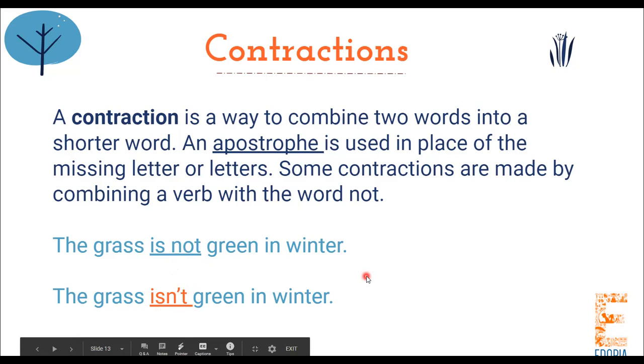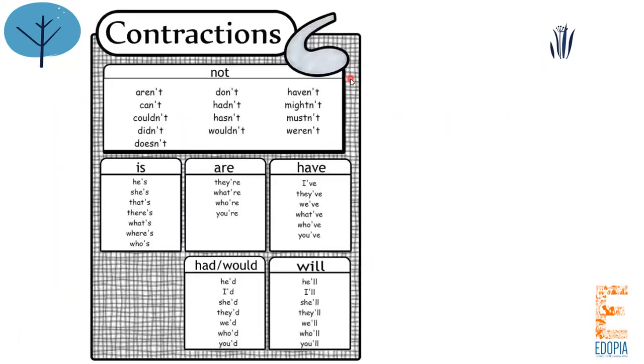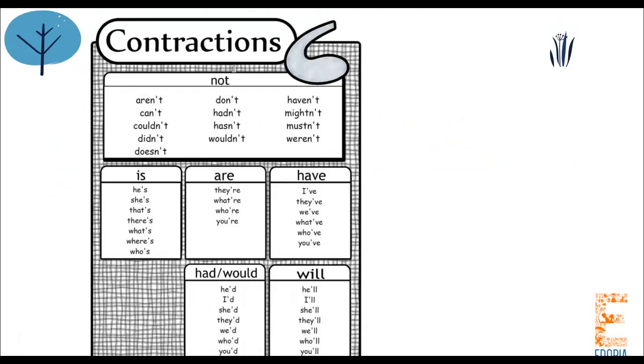Let's look at a lot of other words that we can change or omit to make a different word. The first word we have is not. For example, if the phrase is did not, in order to shorten it, I'm going to write the first word as it is, then I'm going to write n, apostrophe, and then I'm going to put a t.